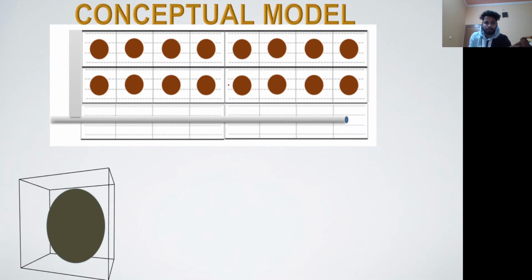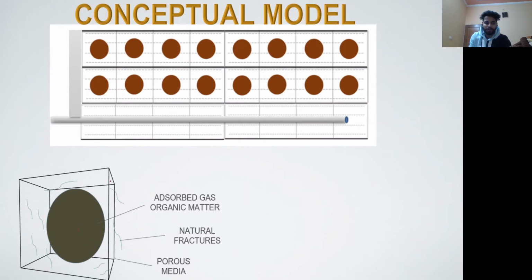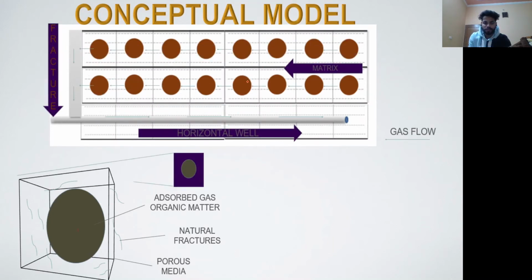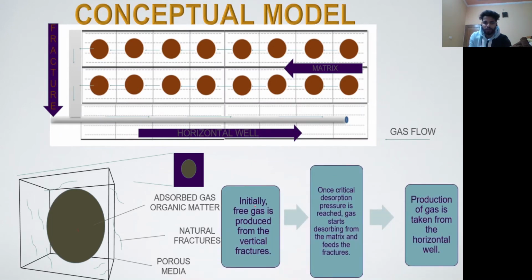So this is a sort of conceptualizing what I've just told you. There is adsorbed gas onto the organic matter. This sphere I'm considering as my matrix system. This is my cell in the simulation. As you can see, initially when I start taking production, free gas is produced from the vertical fractures.